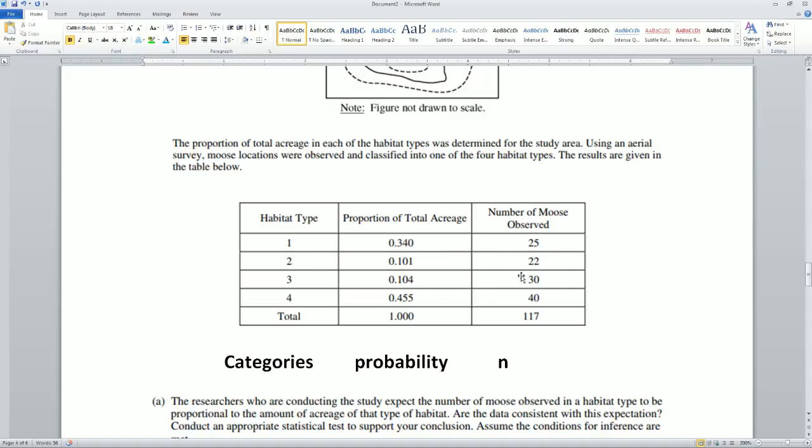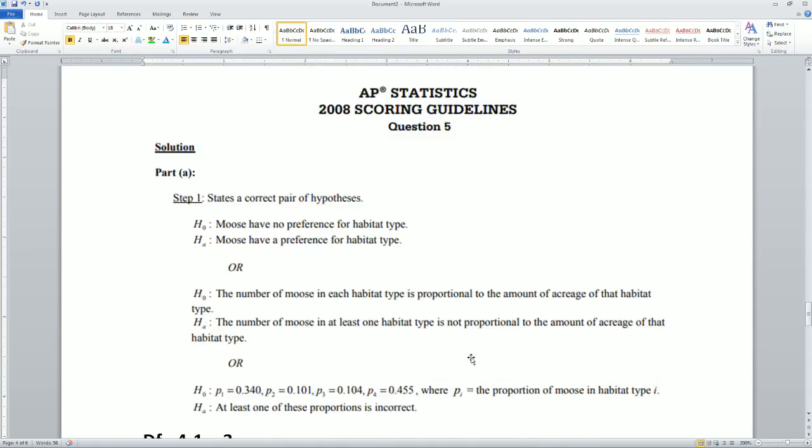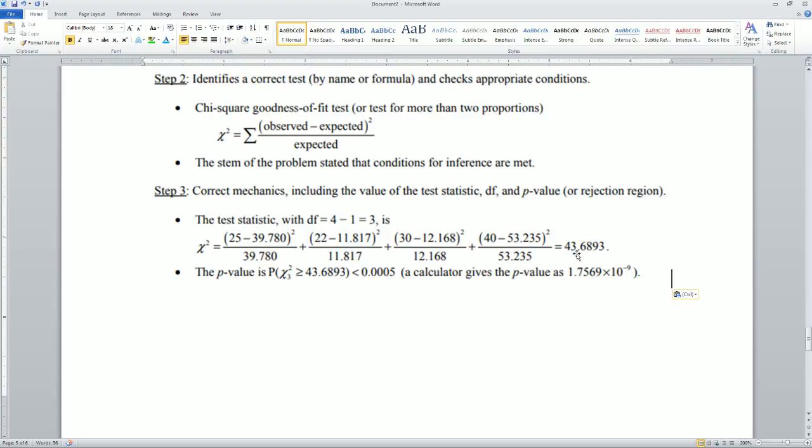You're not using this as your n, you're using the total. That's how you got your 43.689. The p-value is how you get the calculator. So what can you conclude then?